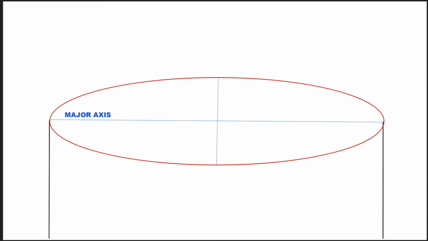In reality, because this object is cylindrical, those two lines, if this were a form, would be the same length. However, we are looking at this as a flat shape, so we have to accept that the minor axis appears to be shorter, which is why it's known as the minor axis.